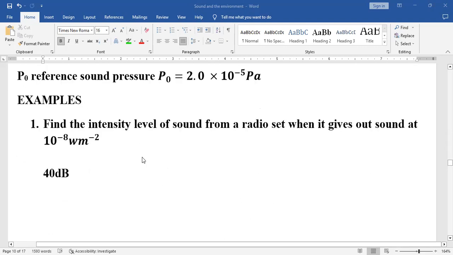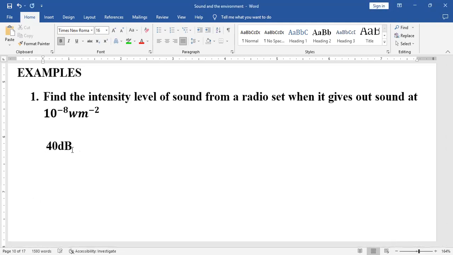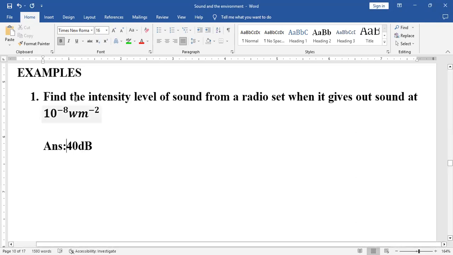Let us look at this example. The example here says, find the intensity level of sound from a radio set when it gives out sound at 10 to the power minus 8 watts per meter square.